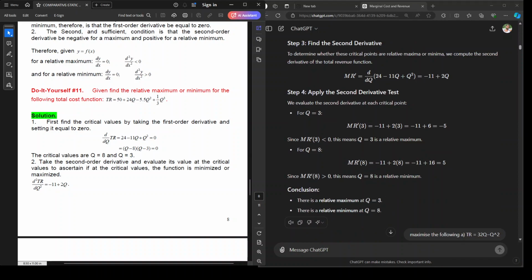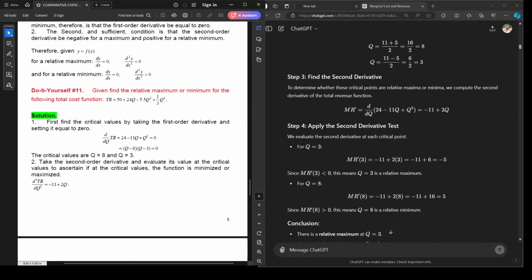So now we're saying apply the second derivative test. What do we mean? Use these points, 8 and 3, to place them inside. So we have negative 11 plus 2q, where there is q put 3, you get negative 5. Where there is q put 8, you get 5.